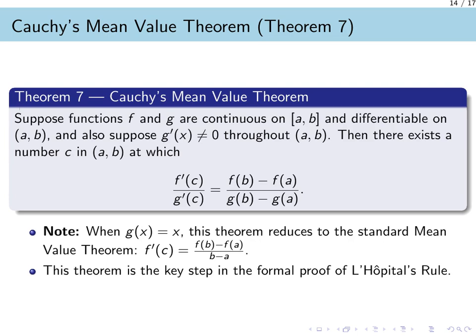To see how this connects to what we know, imagine if the function g of x is simply x. Its derivative is just 1, and the equation becomes the standard mean value theorem, where f prime of c equals the slope of the secant line. The essential idea is that this theorem relates the ratio of two instantaneous rates of change to the ratio of their average rates of change.